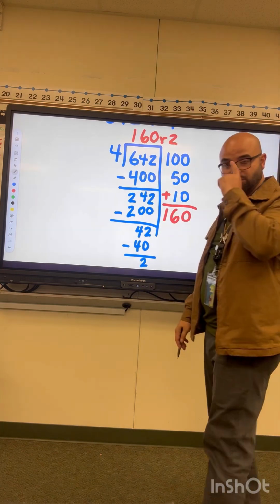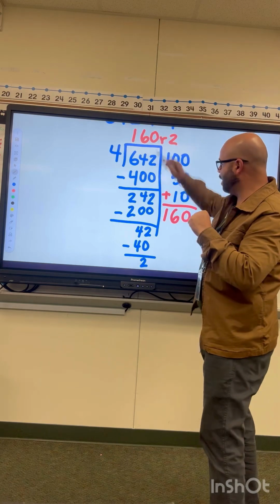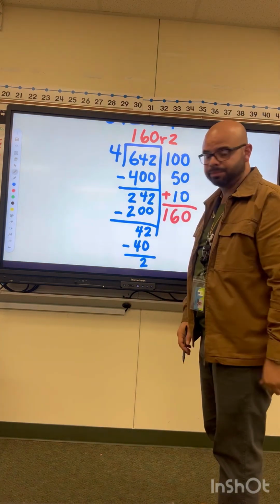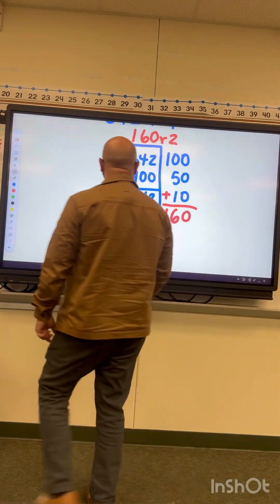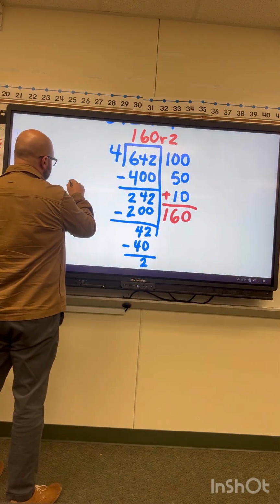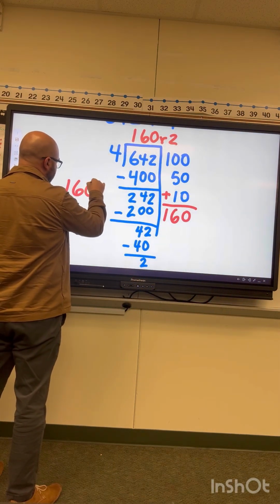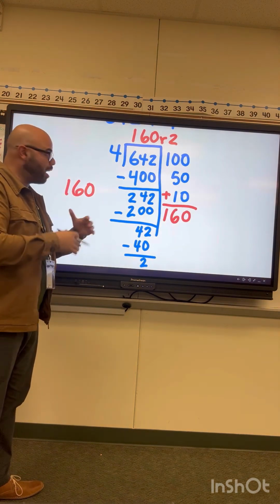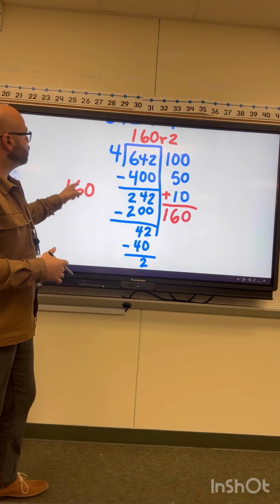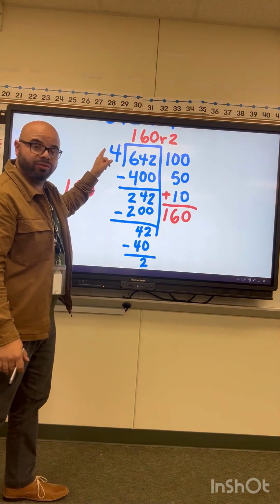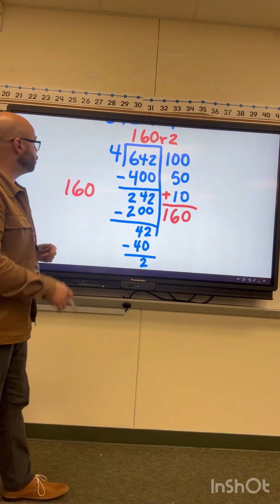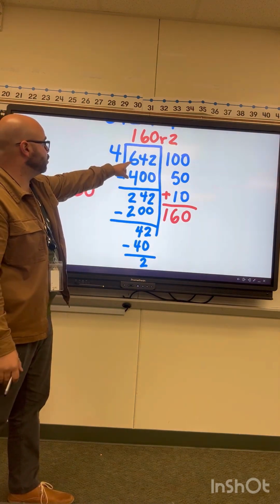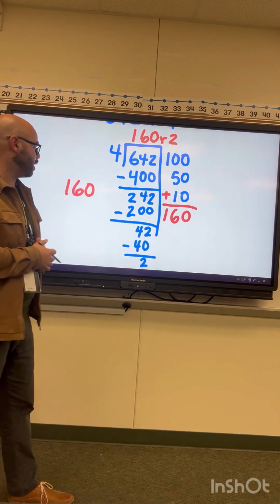Now one thing I wanted to show you, how would I write that 160 remainder 2 in fraction form? Okay, so I would take that 160, right? That's my whole solid number. This is the number that I have created, 160 groups of 4, and I have 2 left out of the 640, right, that I've used.